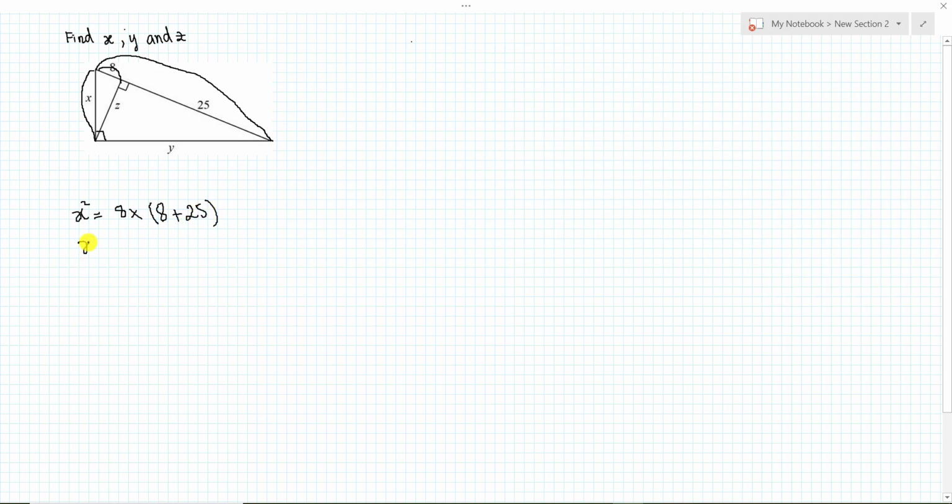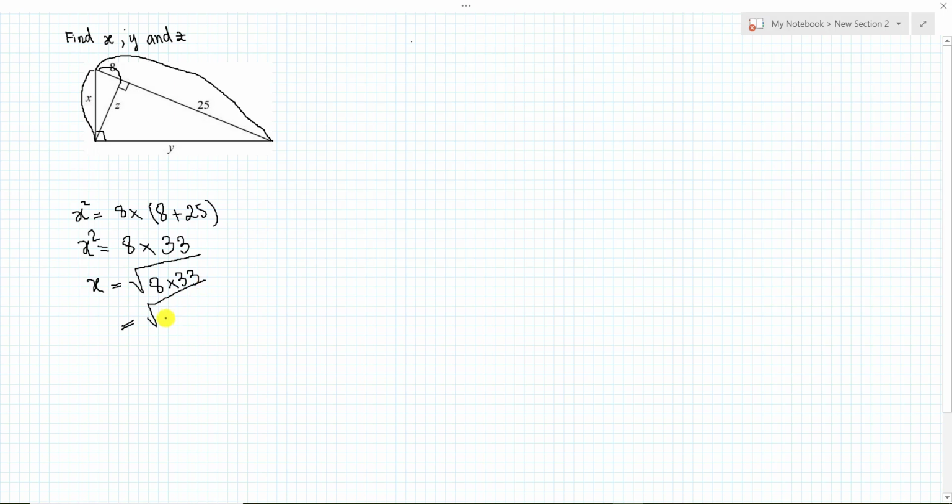And we get 8 squared equals 8 times 33. Okay? And we get 8 equals the square root of 8 times 33.